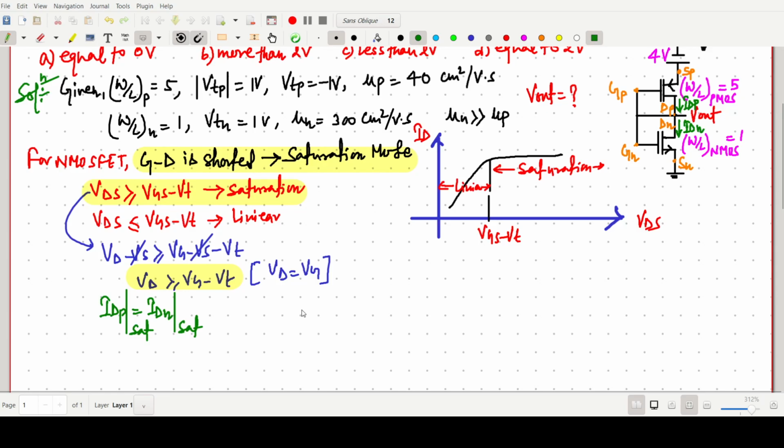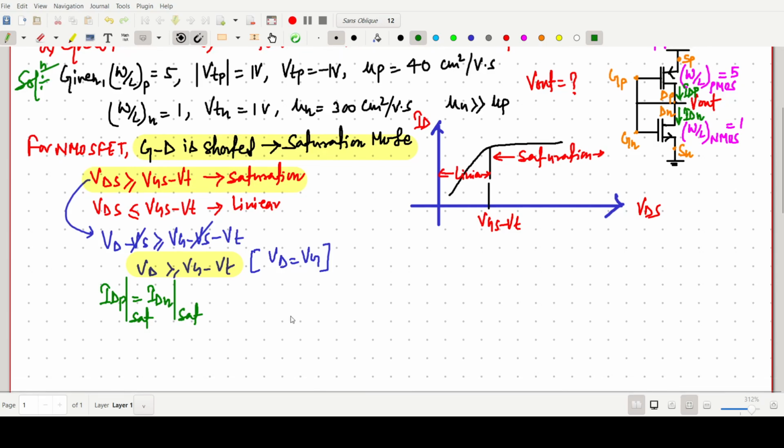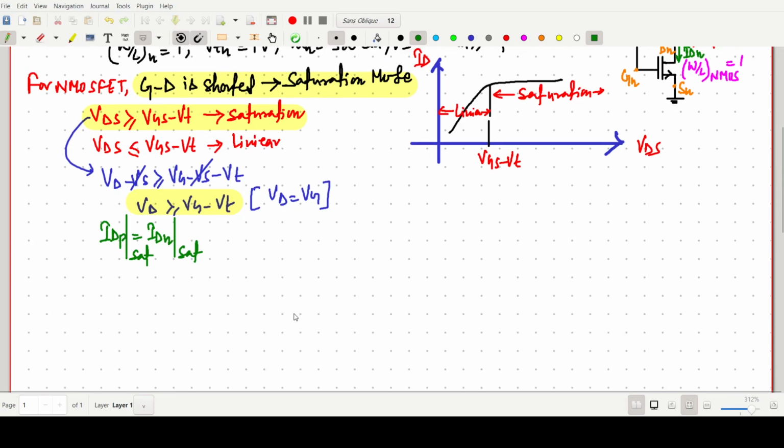Okay, clear? Now what we have to write? Now we have to write the equation for the PMOS and NMOS. Before that, I am just writing ID, and better to write full saturation, the same equation, because there will be no confusion.